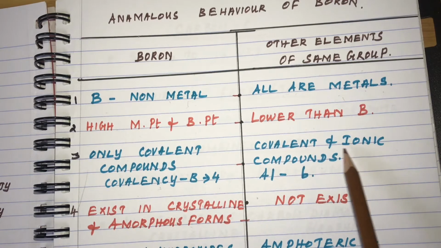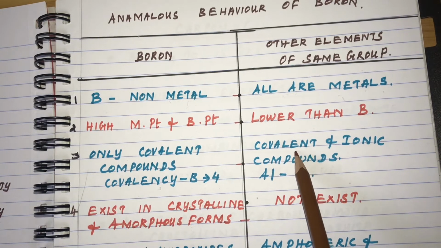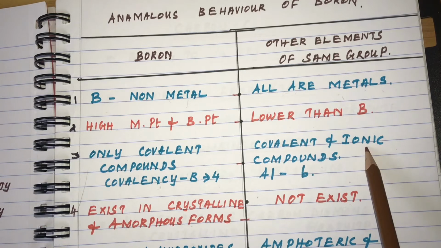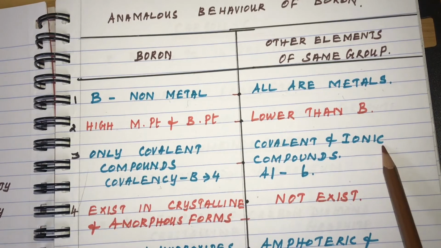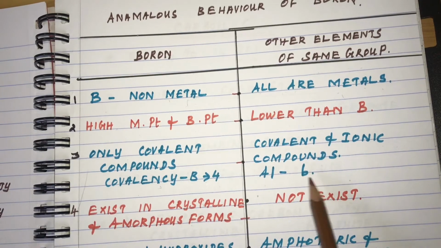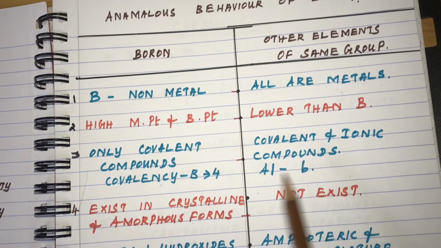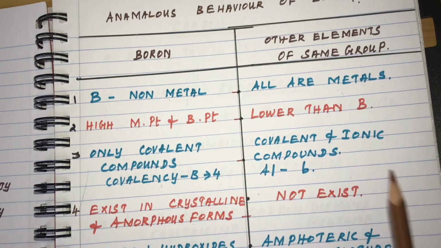The other elements form covalent and ionic compounds. Ionic bonding is the giving, accepting or transferring of electrons. For example, aluminium has a valency of 6, while boron's valency is 4. Boron forms only covalent compounds, while the others form covalent and ionic.